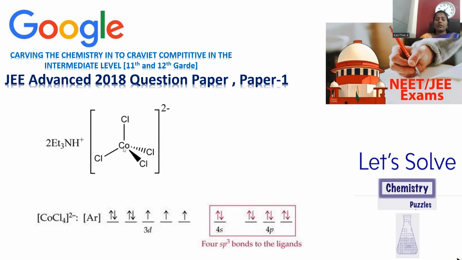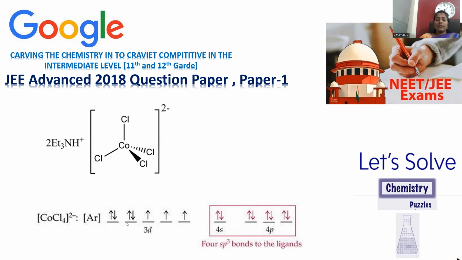You can clearly observe all the chloride ligands occupying the tetrahedral corners. And you can clearly notice that chloride is a weak field ligand and this is a high spin complex. So in CoCl4 2-, with 4 chlorides, all 7 electrons remain, since it is +2.